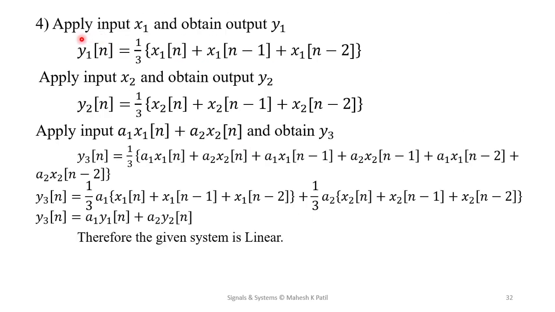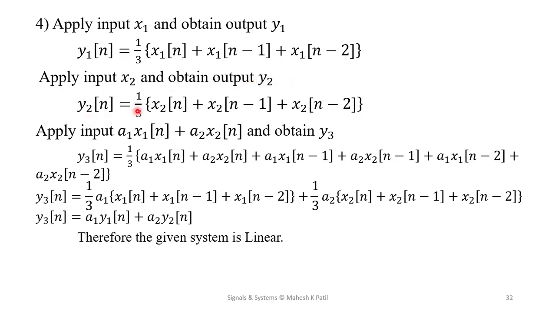Next, we are going to see whether this given system is linear or non-linear. We'll first verify whether the system follows the principle of superposition or not. For that, we'll apply input x1 and obtain the output y1. So y1 of n is equal to 1 by 3 in bracket x1 of n plus x1 of n minus 1 plus x1 of n minus 2. Now apply input x2 and obtain output y2.